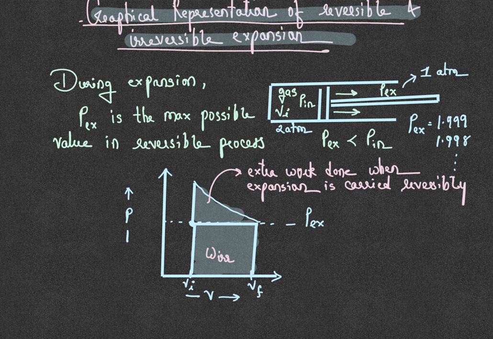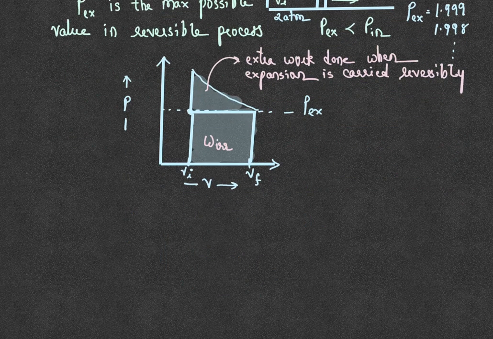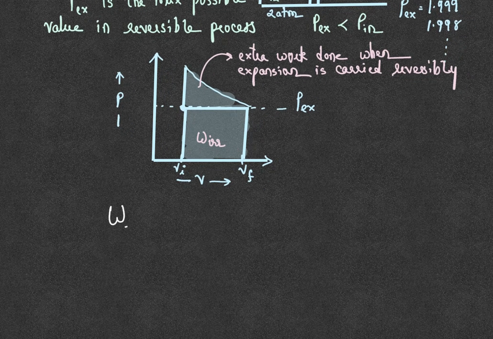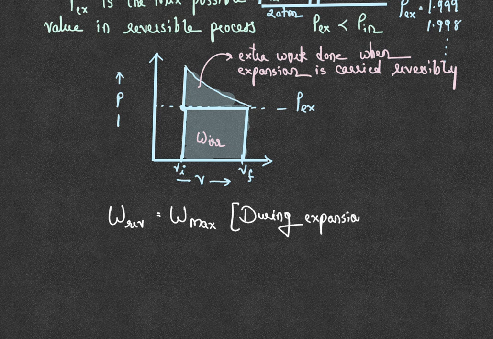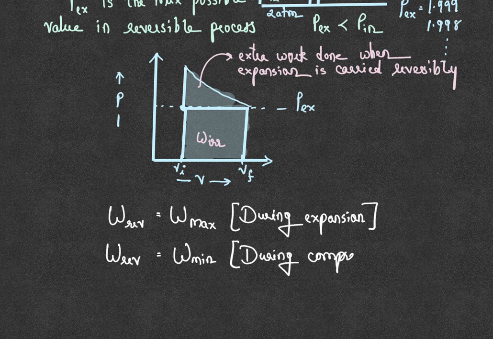So what do we conclude then? We conclude that W reversible is equal to W maximum during expansion, and W reversible is equal to W minimum during compression. Do you understand this? Are you getting it?